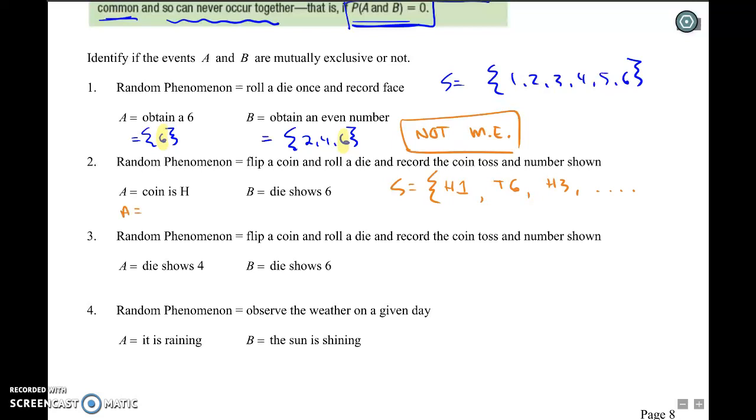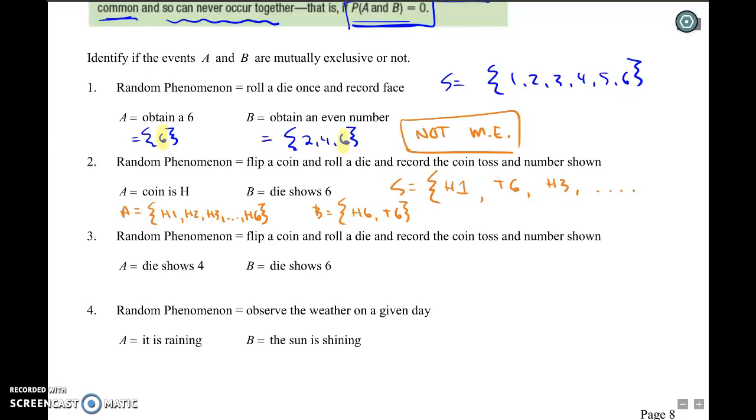Event A is the coin is an H, so this event would have all the outcomes H1, H2, H3, all the way up to H6. Event B, die shows a 6, so that would be all the outcomes that are favorable to a 6: a heads with a 6 or a tails with a 6.